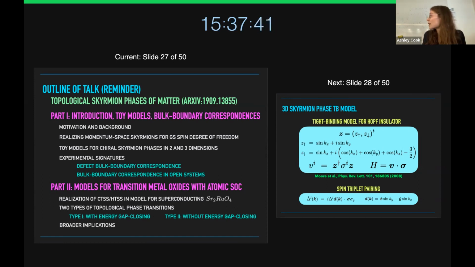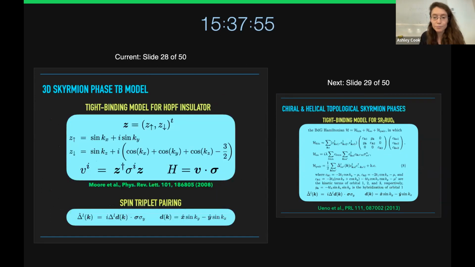But there's also this type 2 topological phase transition that occurs in effectively non-interacting systems while respecting the symmetry protecting the topological phase. And this has important consequences that I will discuss at the end.